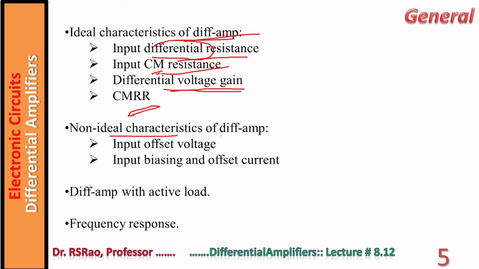Non-ideal characteristics of a differential amplifier: input offset voltage, input biasing, and offset current. In the case of an ideal amplifier, only these four parameters are of concern: differential resistance, common mode resistance, differential voltage gain, and CMRR.